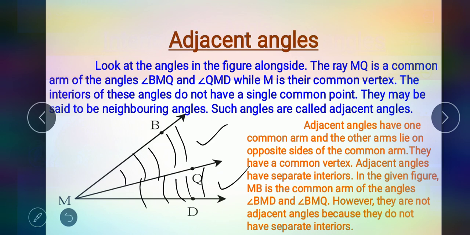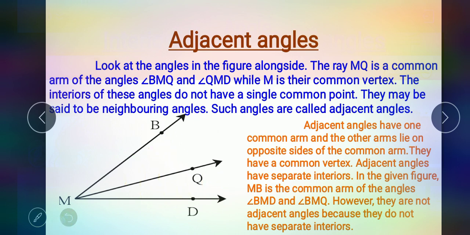In the given figure, MB is the common arm of the angle BMD. We are taking another example. Till now we were talking about BMQ and QMD. These two are adjacent angles, students.